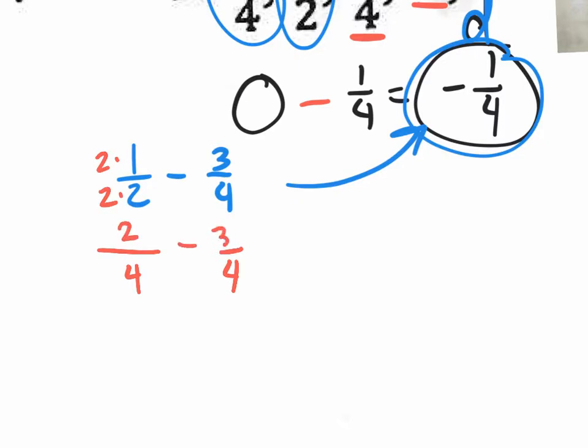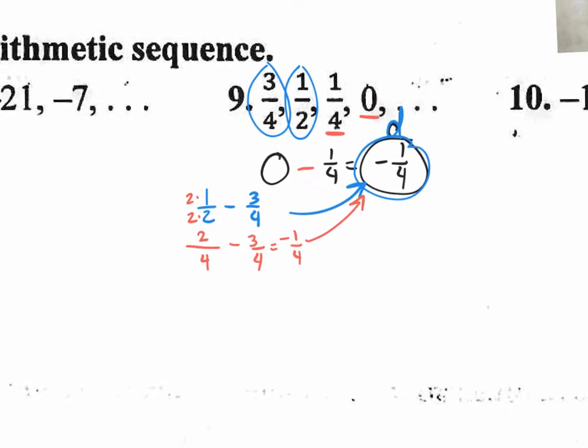And then minus 3/4. And if you go 2/4 minus 3/4, that's really 2 minus 3. That's negative 1, and it's over the common denominator 4. So your answer is really negative 1/4, which we know is already there because we used the easier numbers, 0 minus 1/4. That's easier. So anyways, we know how to get the common difference, 0 minus 1/4.